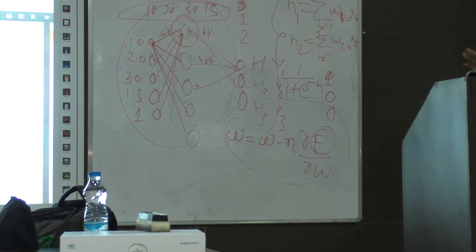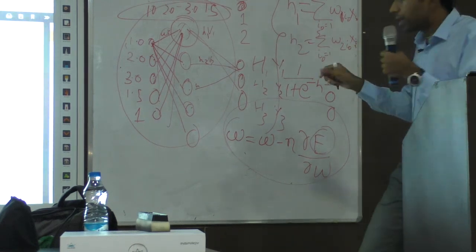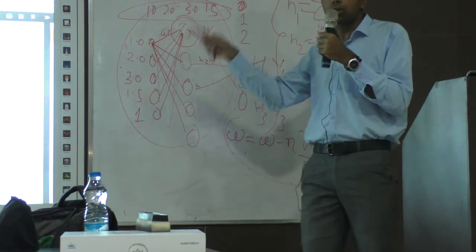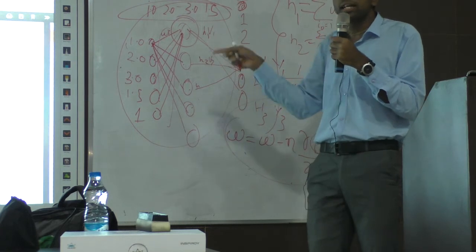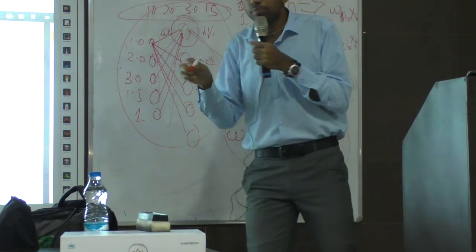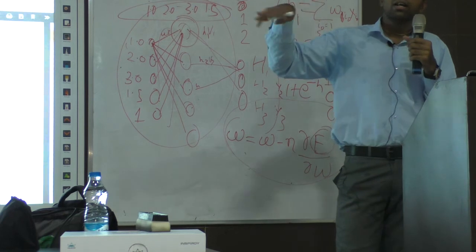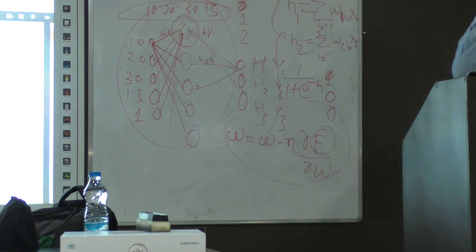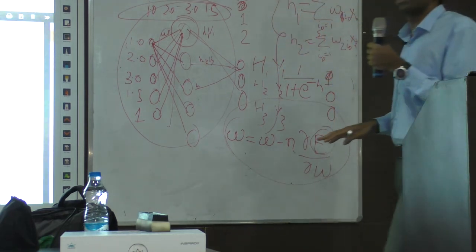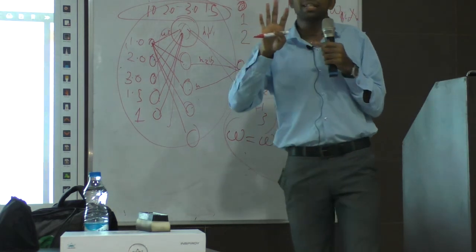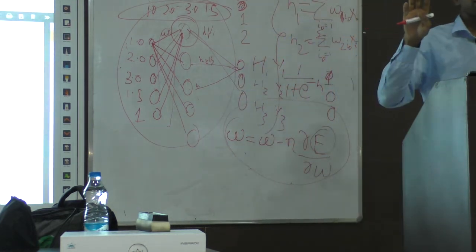If my error is not negligible, I'll again update my weights and go on updating. After some time my weights will converge, meaning my error will be negligible. That will be my final weight. That is the fundamental concept of neural networks.